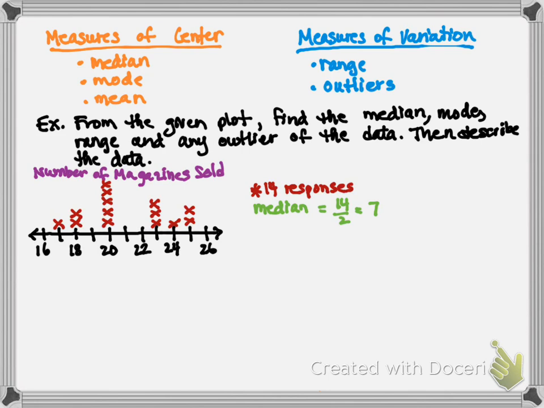So it's going to be between the 7th number and the 8th number. So let's count from left to right, bottom up. 1, 2, 3, 4, 5, 6, 7. So here's where the median falls. It falls between 20 and 20. Lucky for us, we can calculate that, and that's going to give us 20. So 20 magazines.